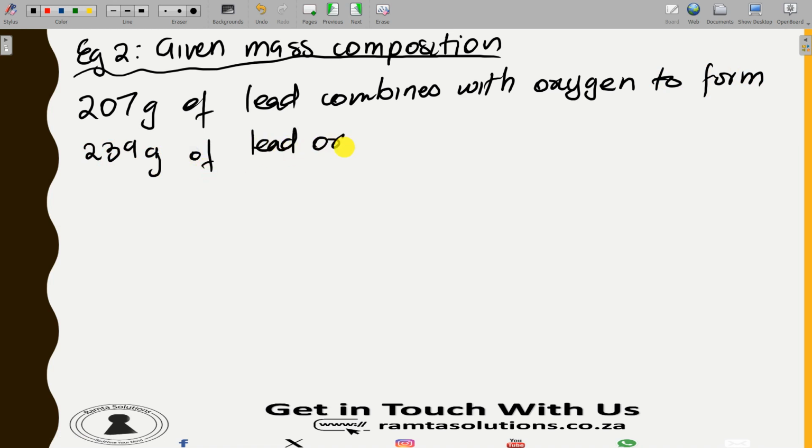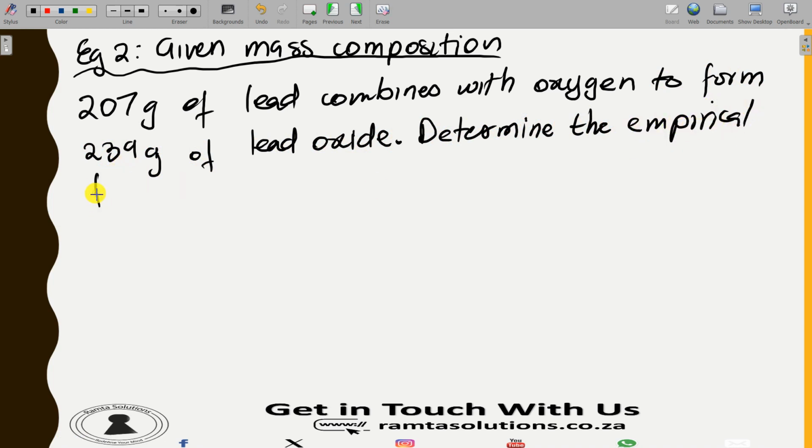Determine the empirical formula of lead oxide.